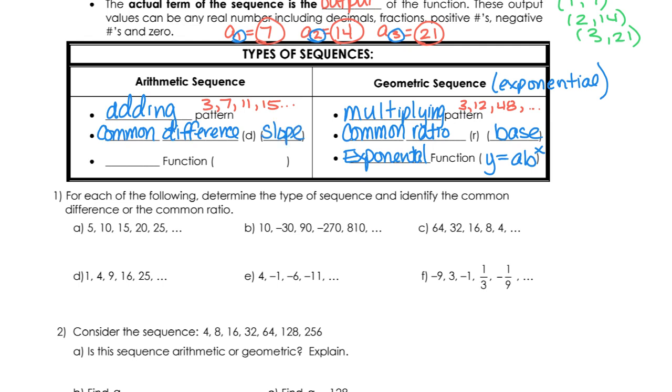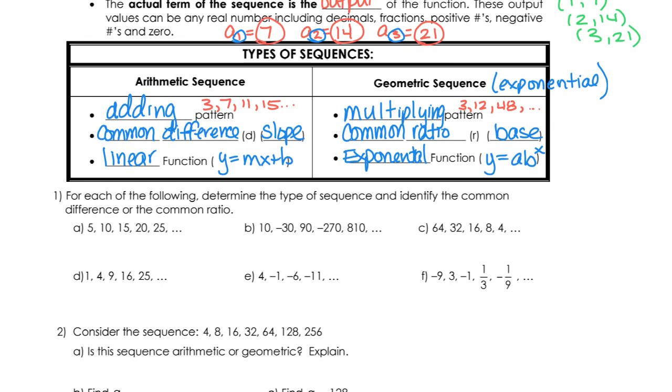When you keep adding like that, you have a linear function, which has the form y equals mx plus b. So those are 2 equations we are super familiar with. We just have to realize that arithmetic sequences are modeled with linear functions, and that geometric sequences are modeled with exponential functions. They grow faster because of the multiplier, whereas arithmetic sequences are linear, with a constant increase or decrease.